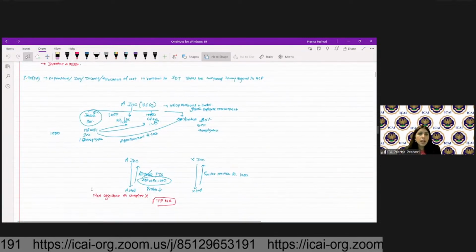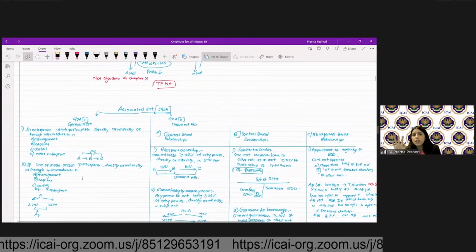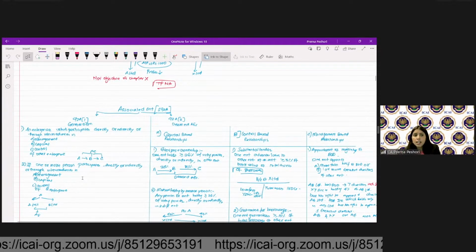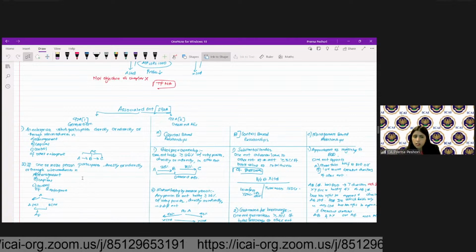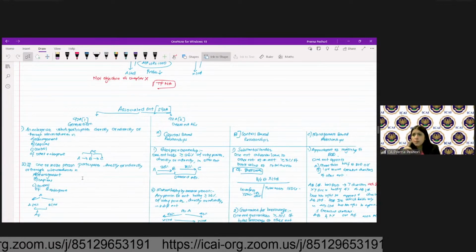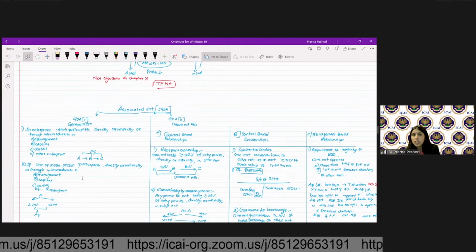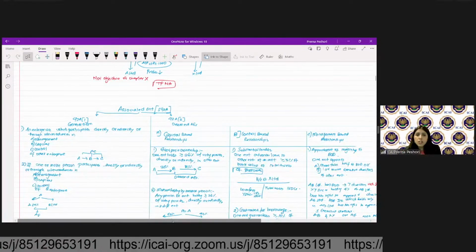Now, associated enterprise is defined under 92(2)(a). So we have the general definition: an enterprise which participates directly or indirectly in the management, control or capital is an associated enterprise. Or if one or more persons participate in the management, capital or control of the two enterprises. Then there are deemed AEs, which are capital based.